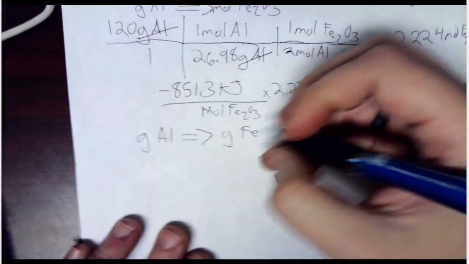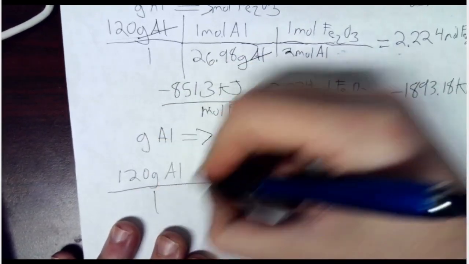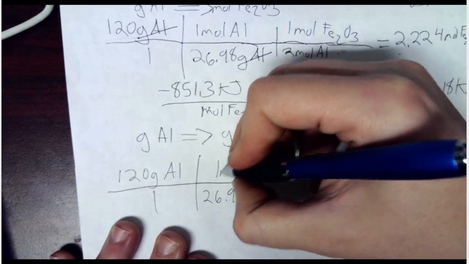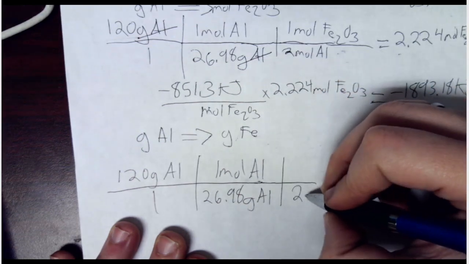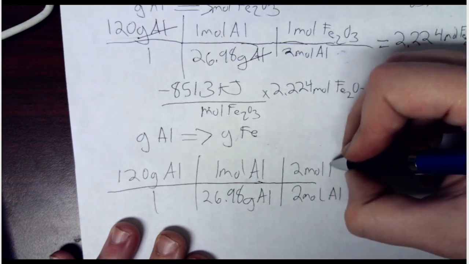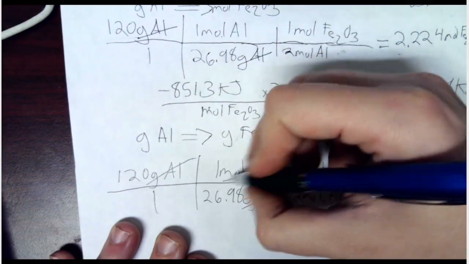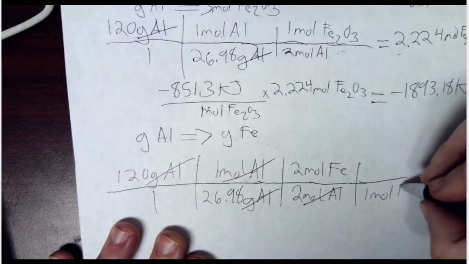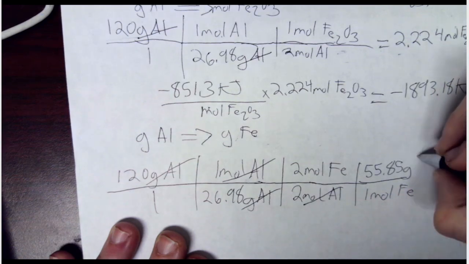Set things up like normal: 120 grams of aluminum, 26.98 grams of aluminum per 1 mole of aluminum. Our balanced chemical equation said that for every 2 moles of aluminum, we got 2 moles of iron. And the molar mass of iron, which I got and provided for you from the periodic table, is 55.85 grams of iron.